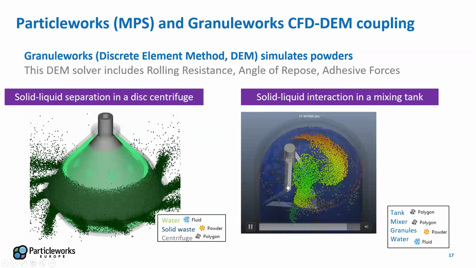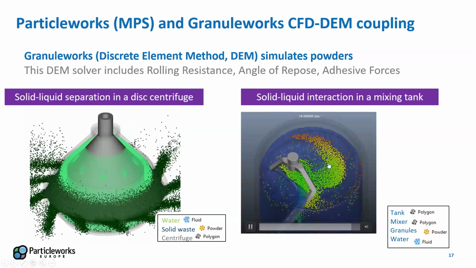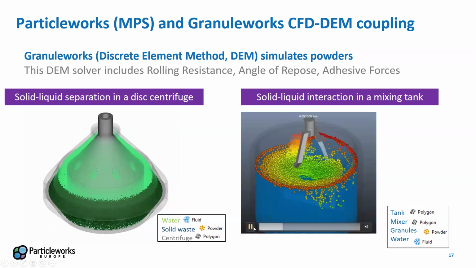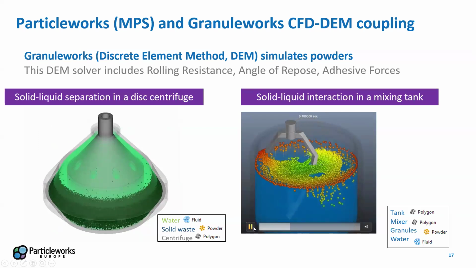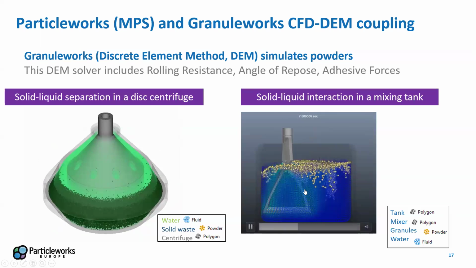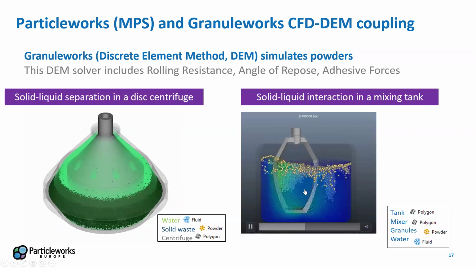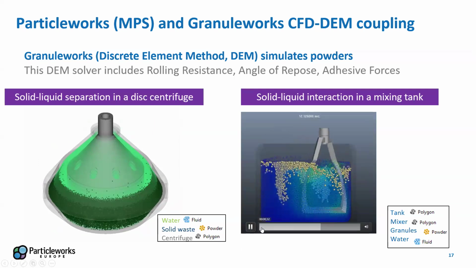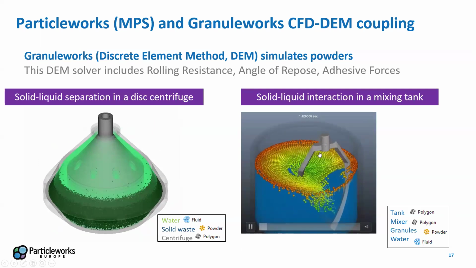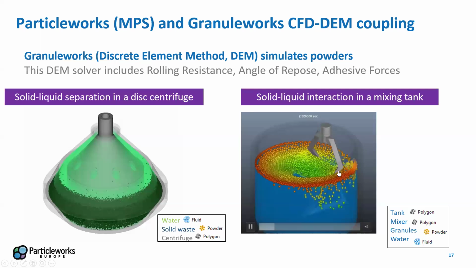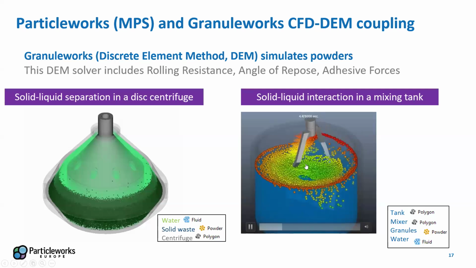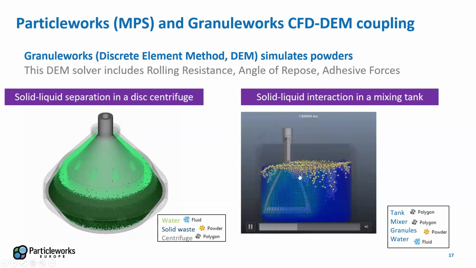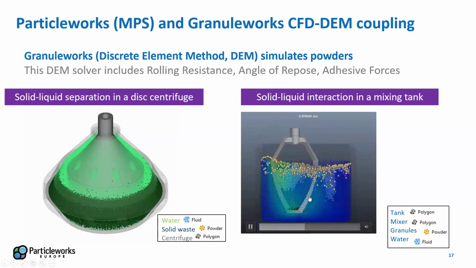But on the right, we have a mixer with powders dispersed in a very viscous matrix that could be a slurry or similar. And you can see that we can easily evaluate geometrical features of the impeller and see how the powders are dispersed during the mixing.